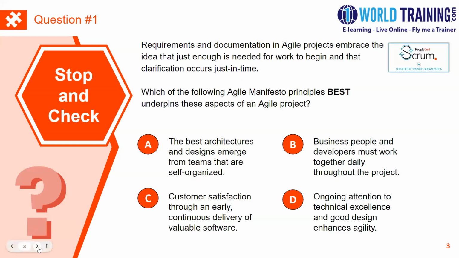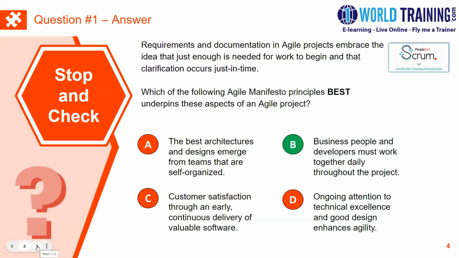The right option is option B, which is all about having a continuous discussion between business people and developers. They must work together on a daily basis throughout the project so that if there are any changes, those changes can be incorporated just in time. So that's the answer for question number 1. Option B is the correct answer.